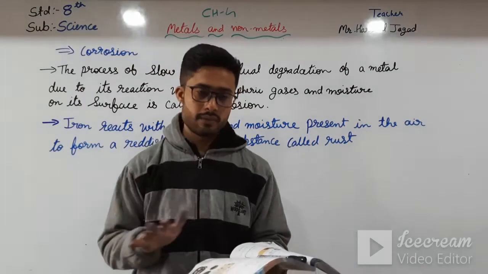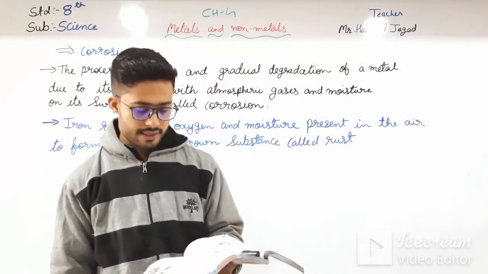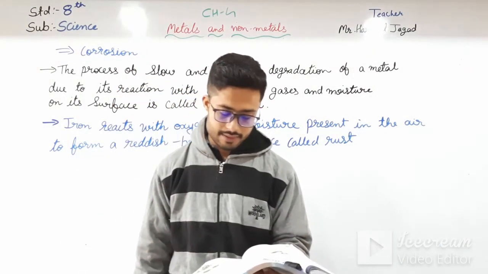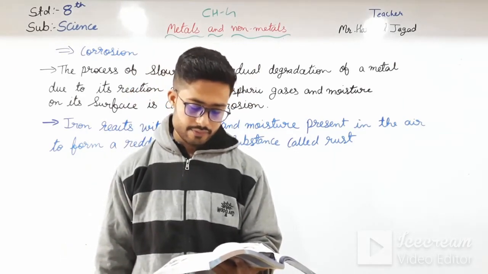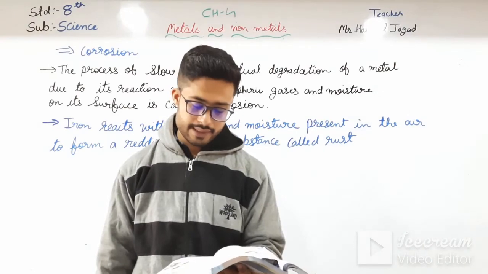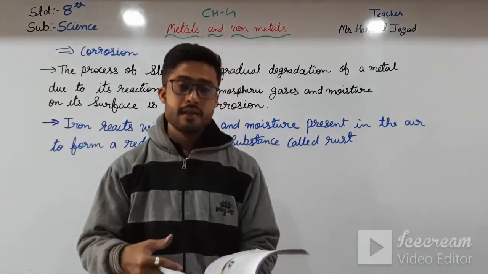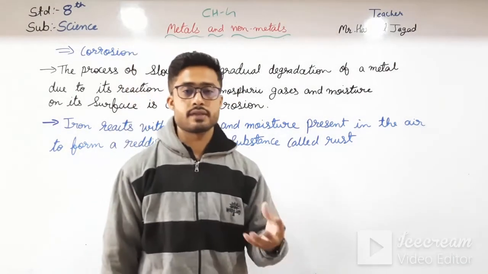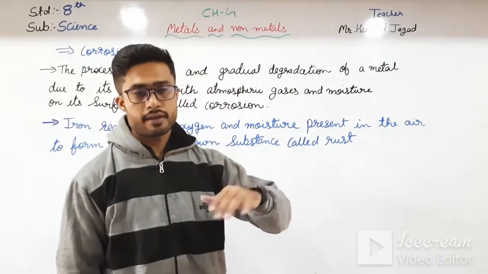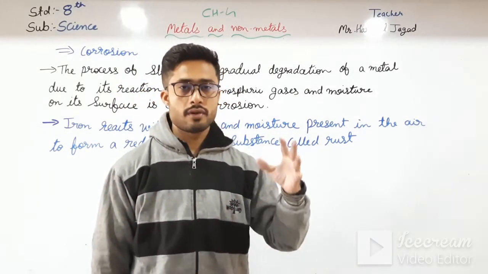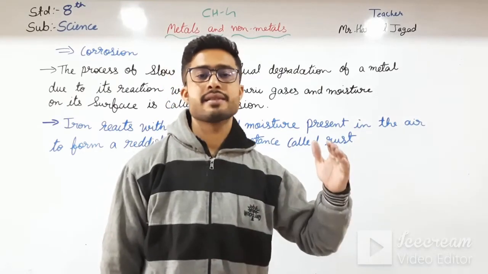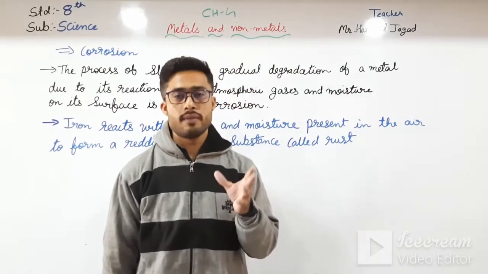Then coming to silver. Silver objects turn black and lose their luster with time. This is due to the reaction of silver with hydrogen sulfide gas present in the air. So silver objects, after some time, become blackish. Okay, as time passes, they will become blackish.